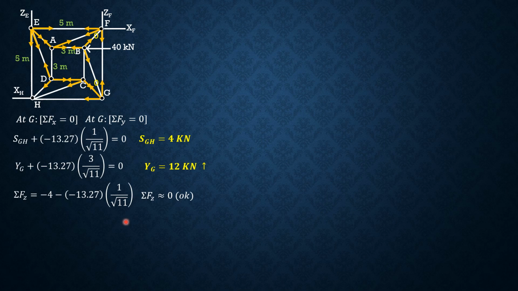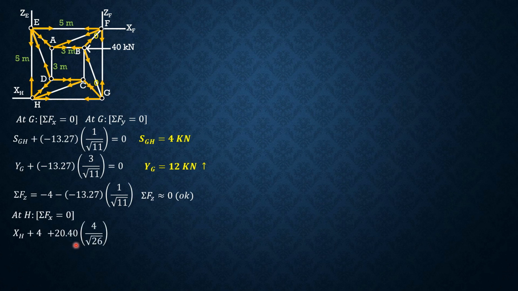Then we proceed to joint H. At H, summation forces X equals 0. Let's assume XH is rightward. So XH, those are the forces involved: XH plus GH, which is 4, plus CH times 4 over square root of 26.